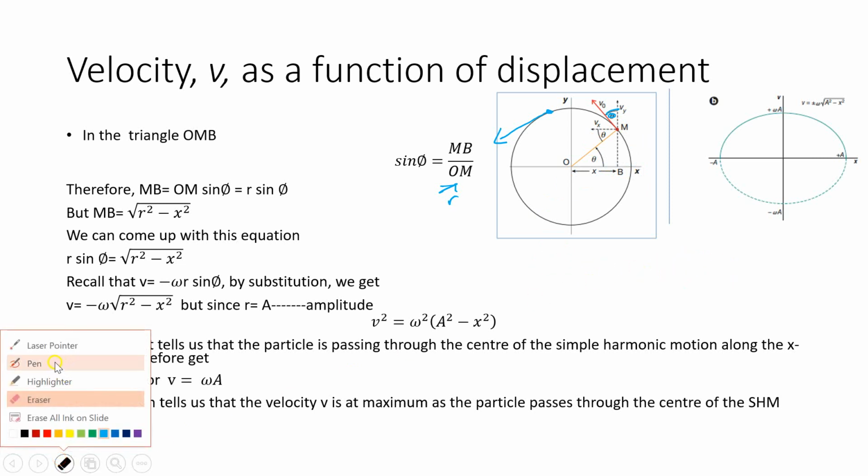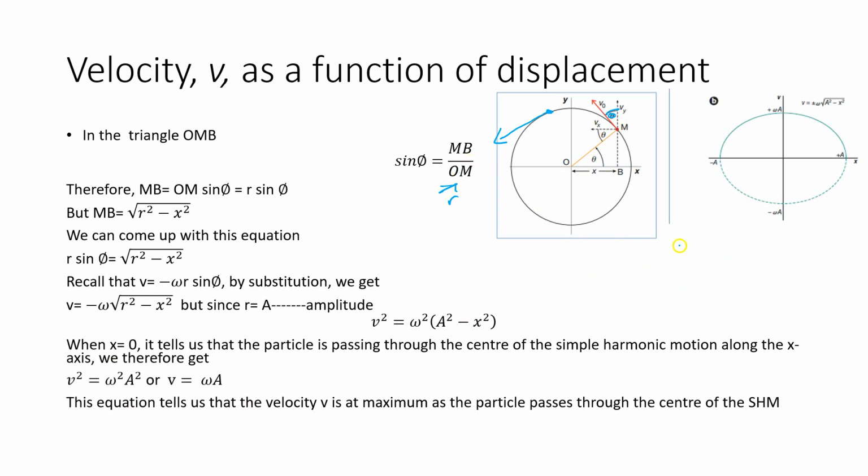Mind you, MB is the amplitude, because that is the distance away from the equilibrium position. That is MB.